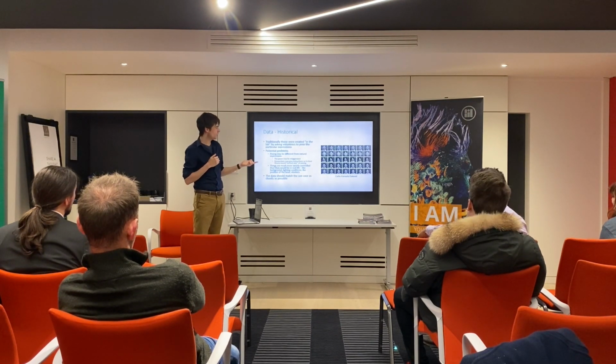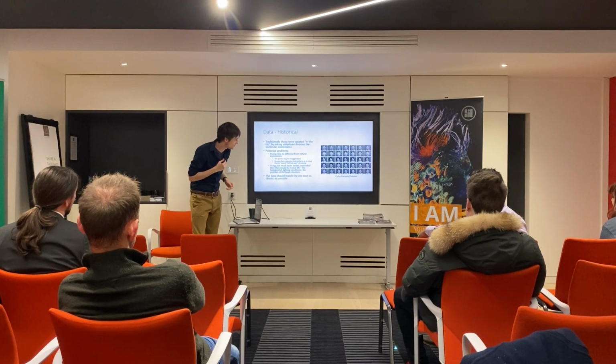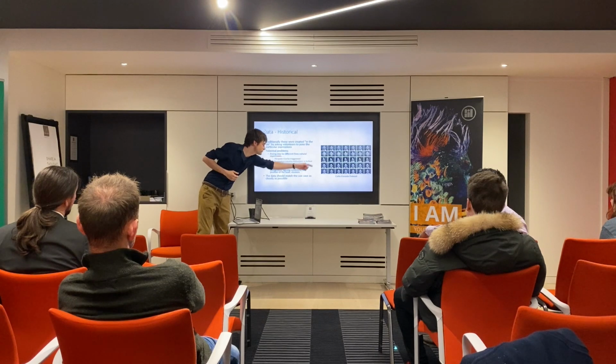So these things are highly posed, and they're taken in controlled conditions. It looks to me like a lot of these are kind of exaggerated as well. Someone showing surprise is probably not actually going to pull this face.